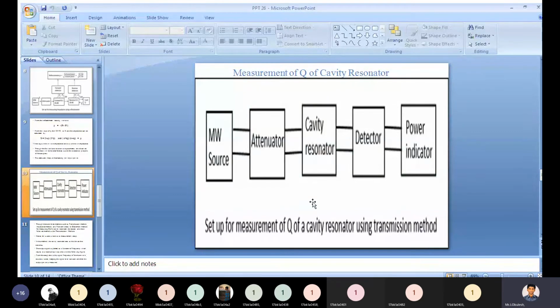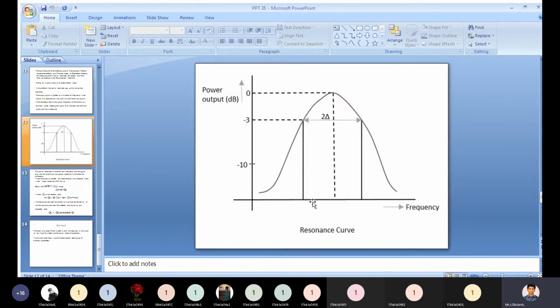The output signal is plotted as a function of frequency, which results in a resonant curve, as shown in the diagram. So what do we have to observe from this diagram?